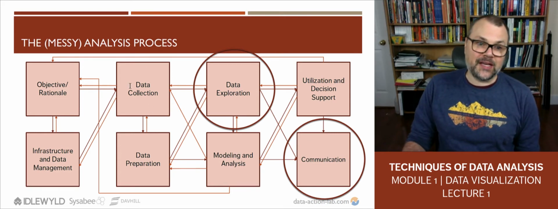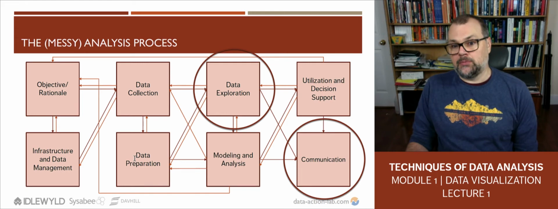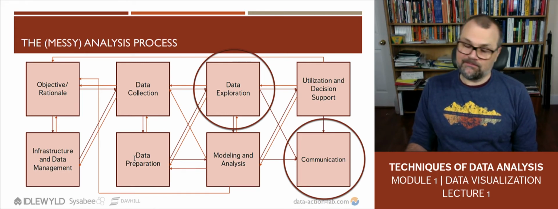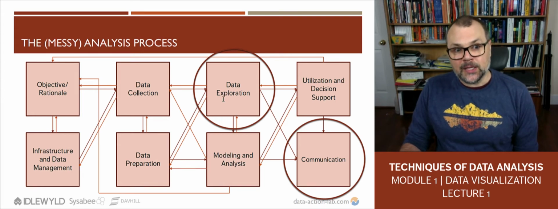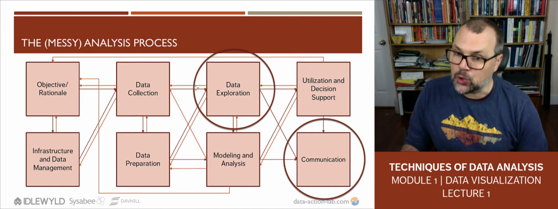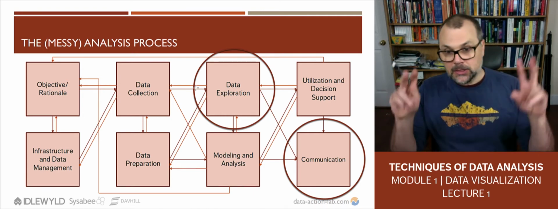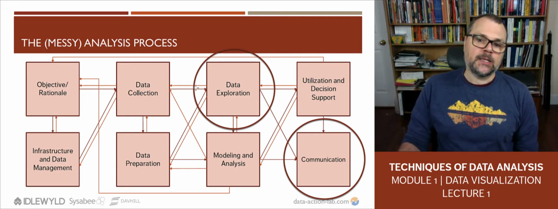Once you've collected the data, you prepare it, process it using the infrastructure as well, and then you will spend some time exploring the data. You've explored the data, you understand the data, then you switch to modeling and analysis.